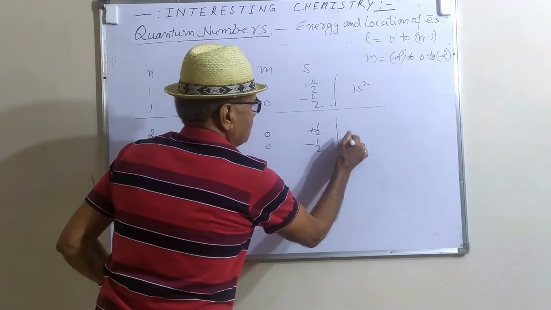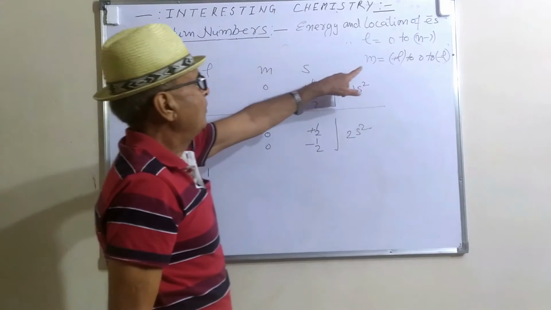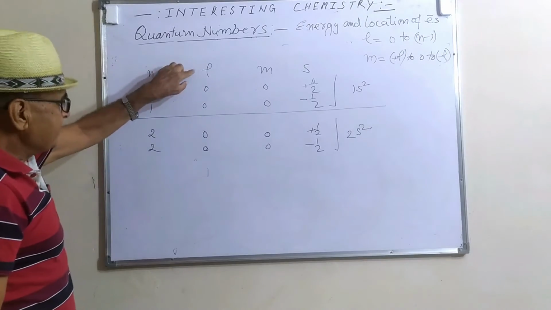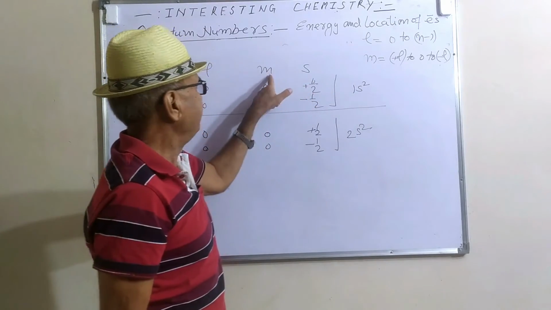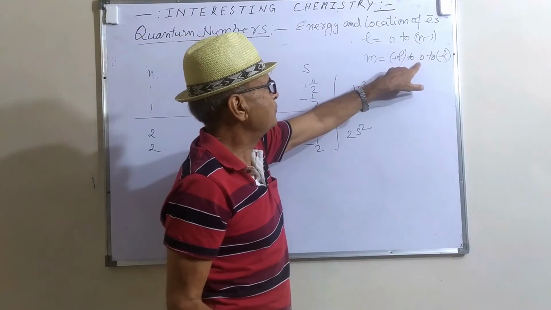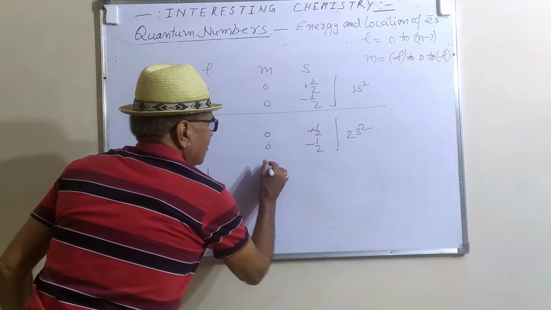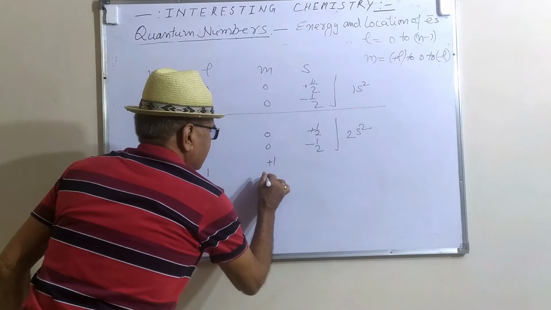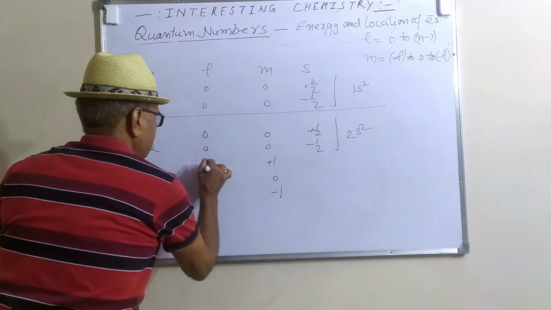This is 2s2. For L equal to 1, find out the value of m: plus 1 to 0 to minus 1. So here you will write plus 1, 0 and minus 1.